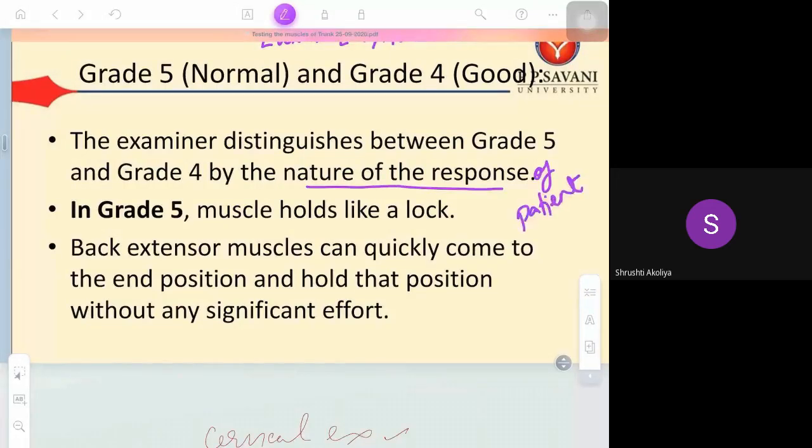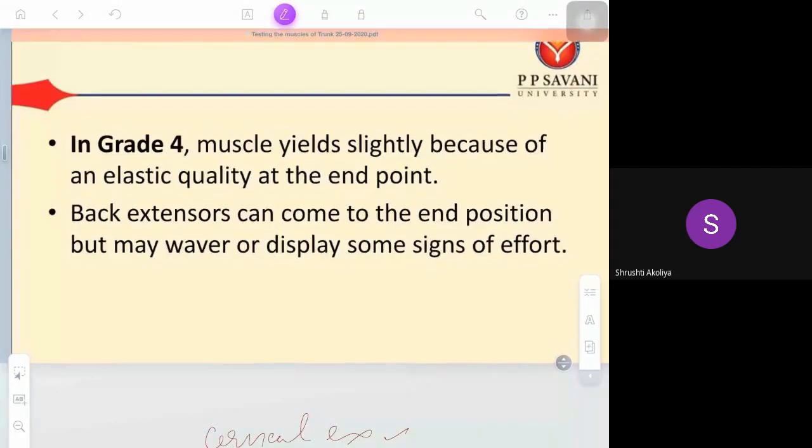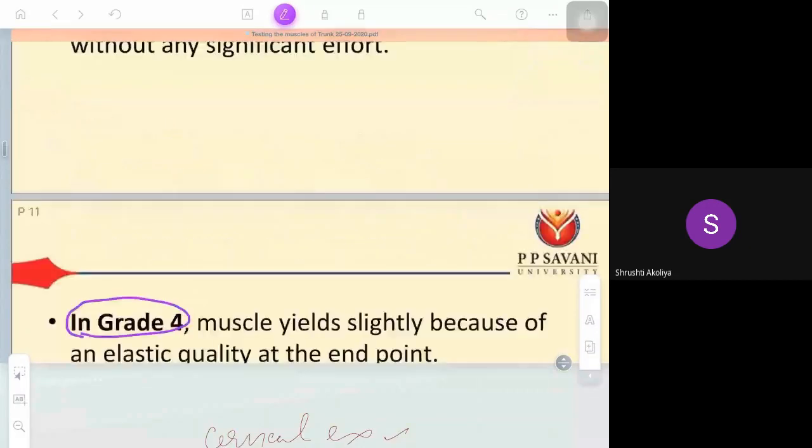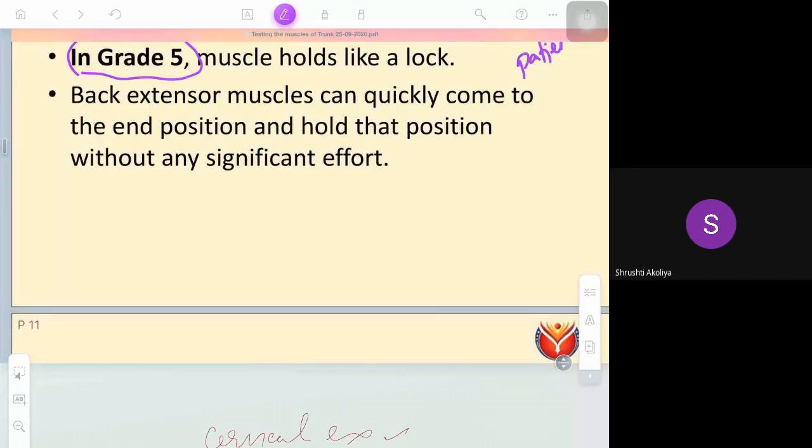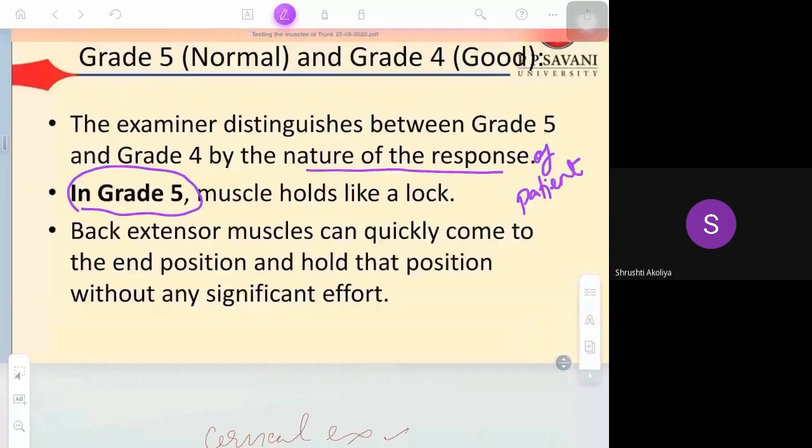So what is grade 5? When will you call the patient grade 5 and when grade 4? Grade 5: muscle holds like a lock. Matlab he will raise the head, shoulder and chest and he will lock in the position. The back extensor muscle can quickly come.